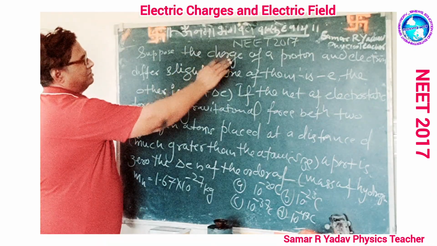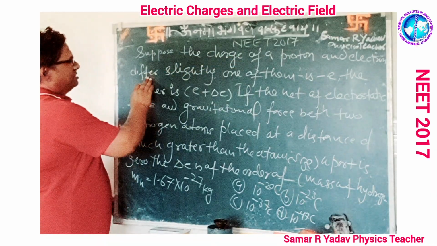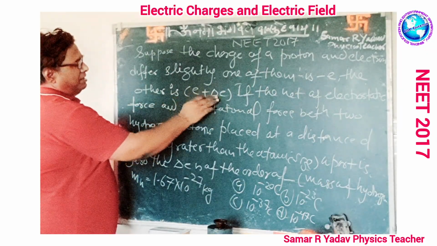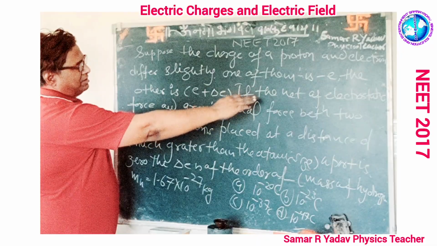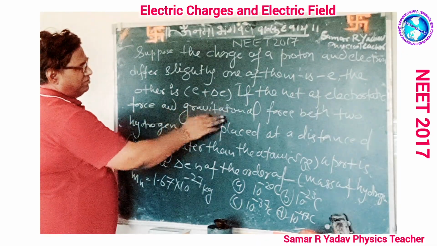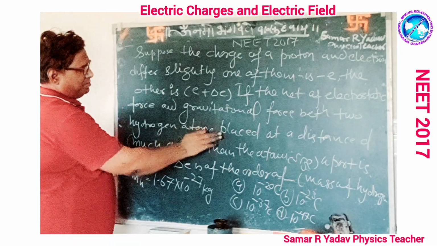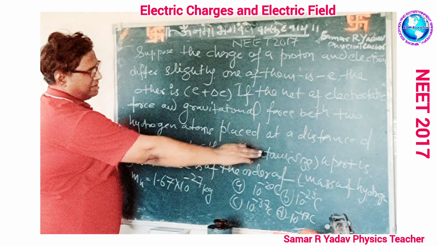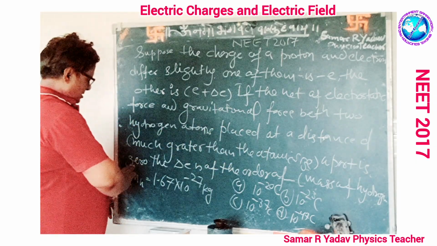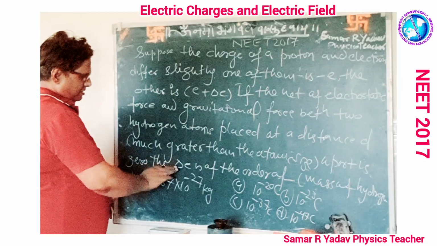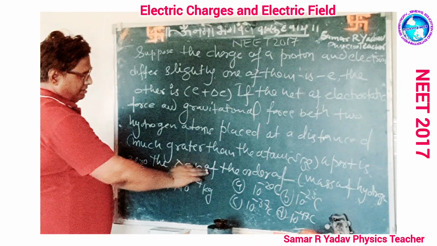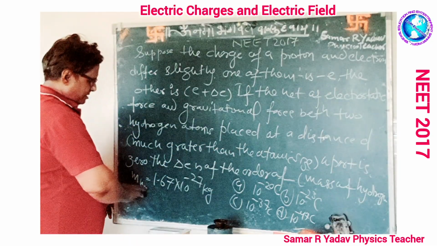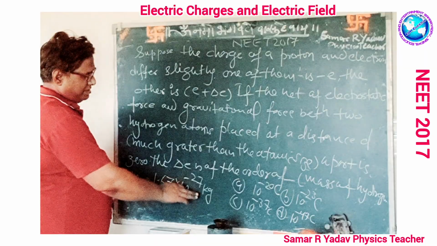Suppose the charge of a proton and electron differ slightly. One of them is minus e and the other is e plus delta e. If the net of electrostatic force and gravitational force between two hydrogen atoms placed at a distance d, small d much greater than the atomic size apart, is 0, then delta e is of the order of, the mass of the hydrogen, that is mH equal to 1.67 into 10 power minus 27 kg.